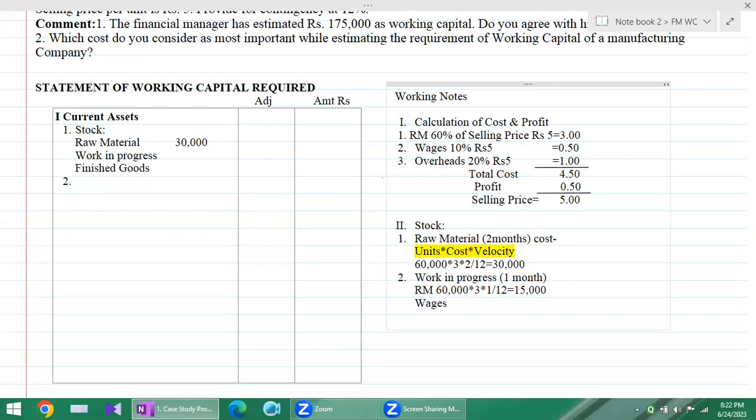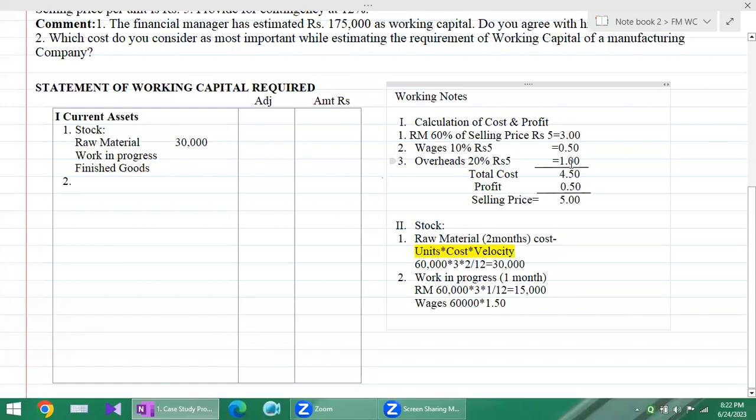Now comes wages, because the conversion cost, wages and the overheads are called as conversion cost. So again 60,000 I will take because it is taken as the wages and overhead, rupees 50 paisa and 1. So this together I can take 1.5. Cost is equal to, first let me write the units and then comes 1.5. 1.5 is nothing but the wages 50 paisa, overhead is 1 rupee.